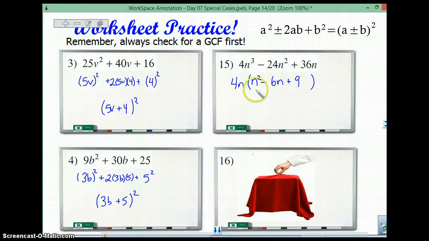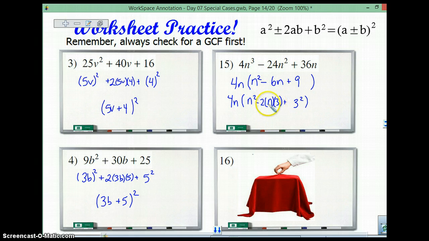Okay, so let's rewrite. We'll keep our GCF on the outside so we don't forget it. This is the same thing as n squared. And on this side, we've got 3 squared. So if I do a times b times 2, do I end up with what I started?